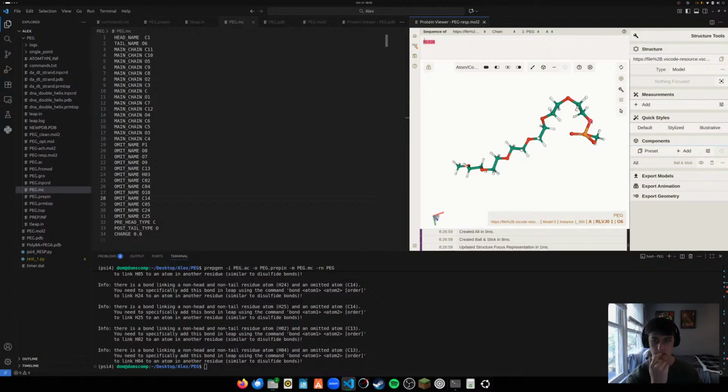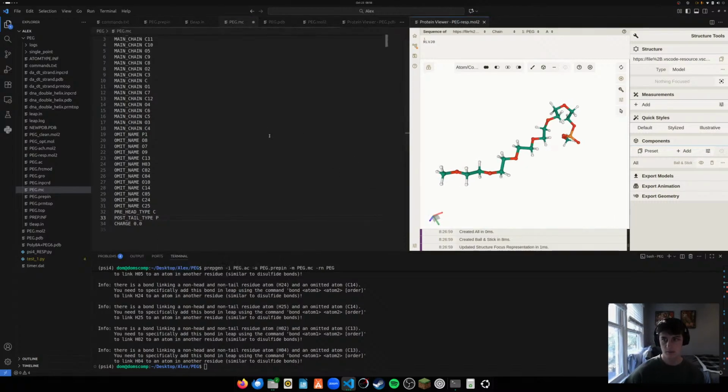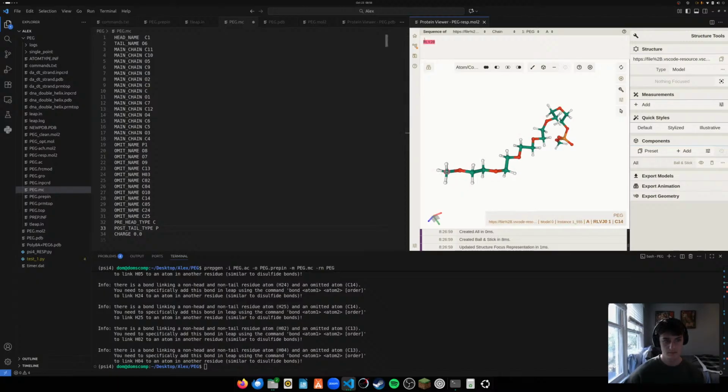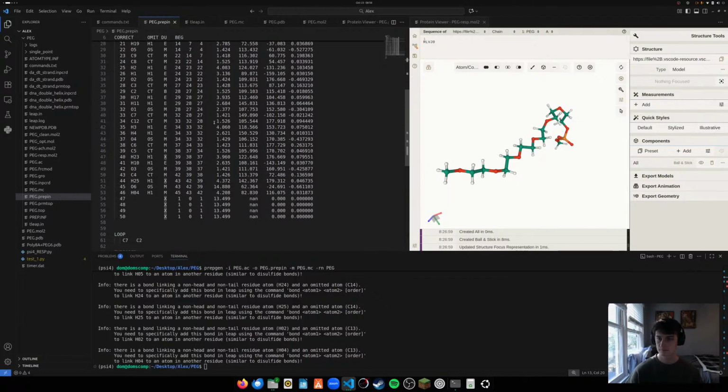So post tail type is P1, P. Pre-head type is C1. So this would be C. Yeah, let's do it again. We're still getting those X's. They're supposed to be omitted. Now we're getting even more X's, actually.